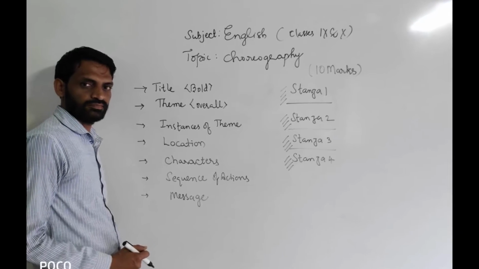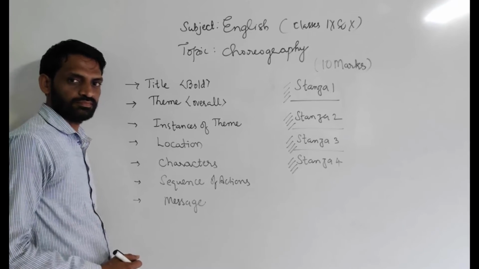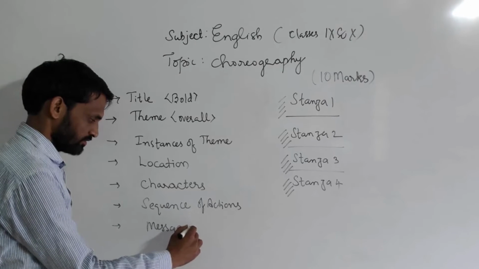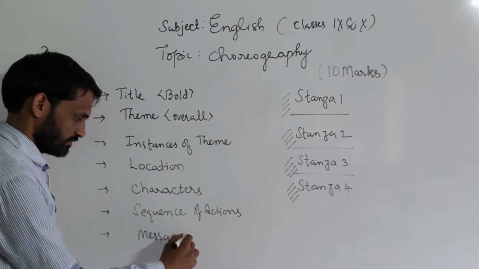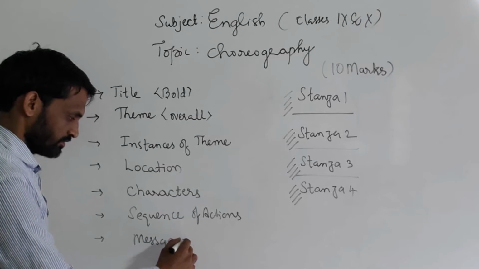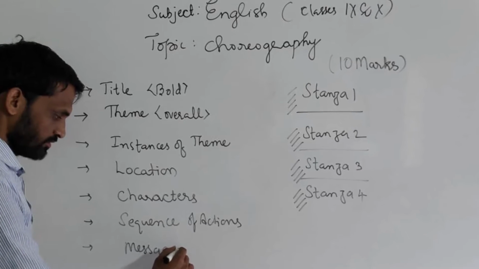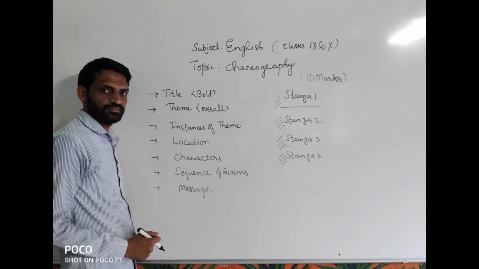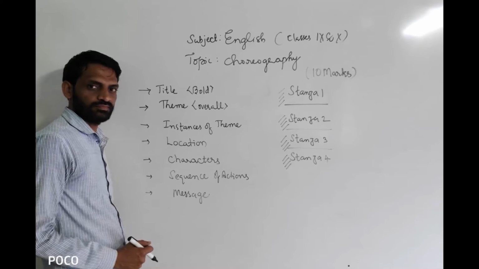The choreographer calls all the dancers onto the dais and he makes the steps. He mesmerizes the audience with his style of dance. But how come it is linked to English content now? If I take a poem which consists of a few stanzas, stanza number 1, stanza number 2, stanza number 3, stanza number 4, each stanza consists of a few lines.